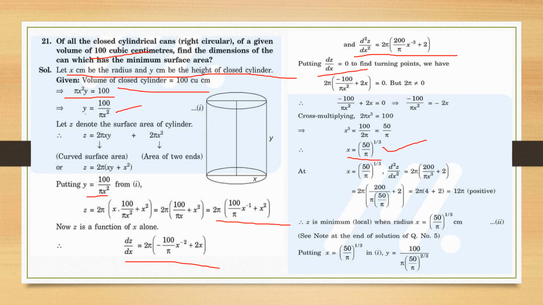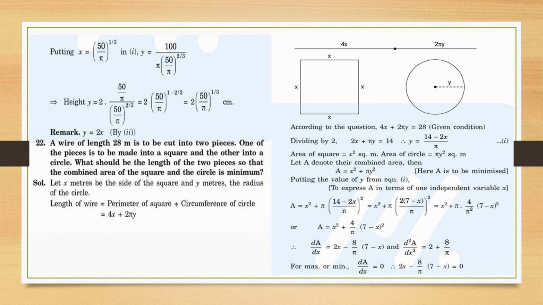Now check the second derivative, it comes out to be positive, hence it is minimum. Area is minimum when x is this. And y can be calculated by replacing the value of x here. Now you are putting the value of x, we can calculate y. Okay, so height y can be calculated like this.